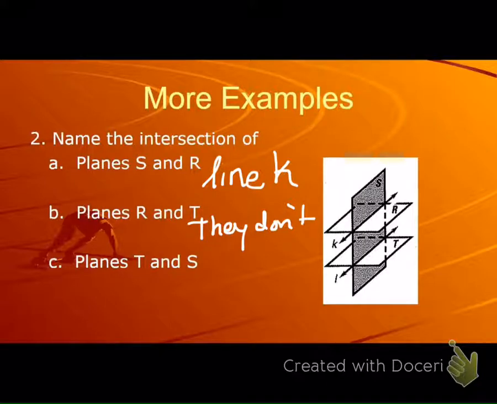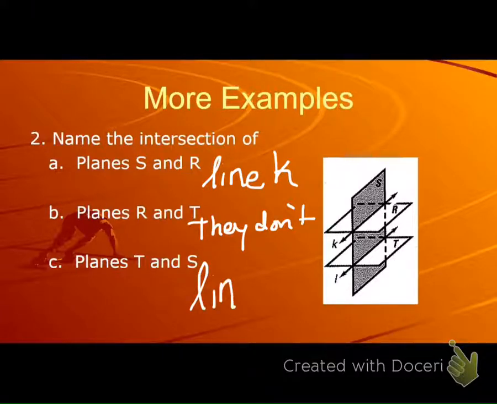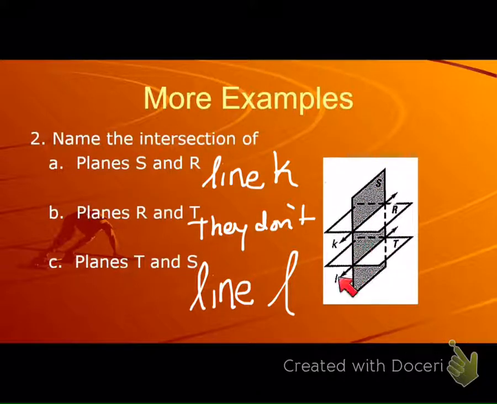They don't touch? What do you mean? They do. Think about it. Look at it. It's an L. Line L. S is this one going down. T is right here. They hit at line L.